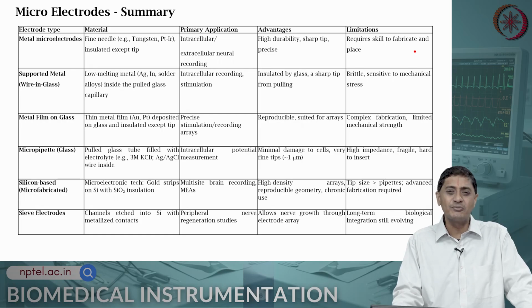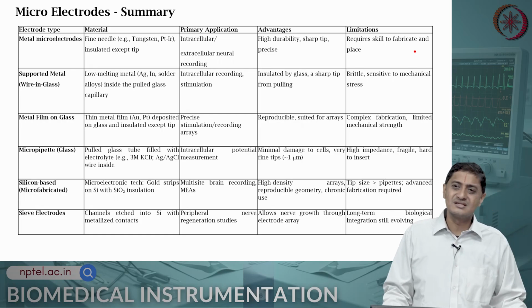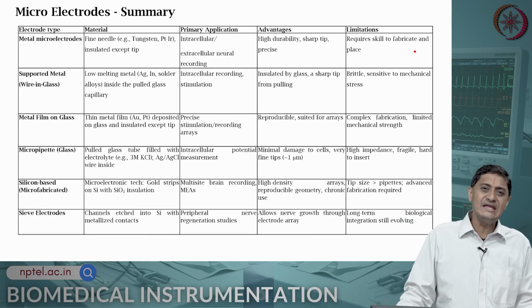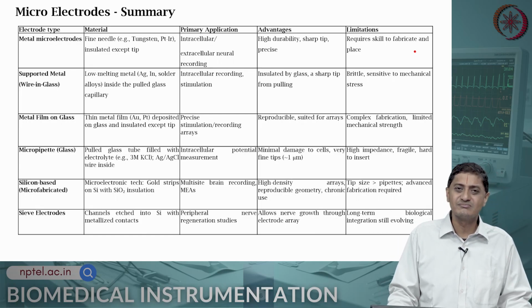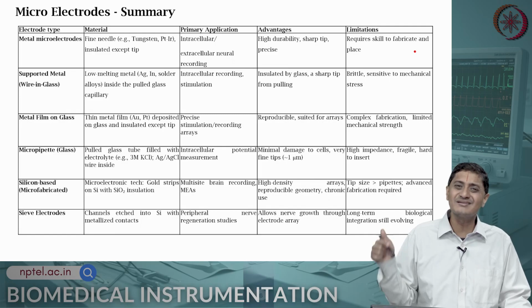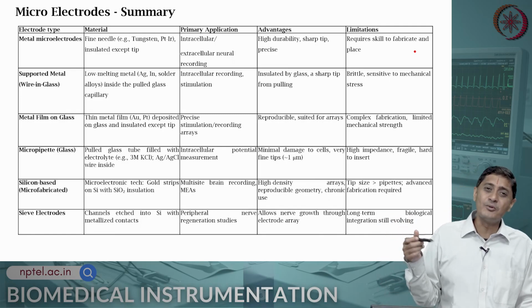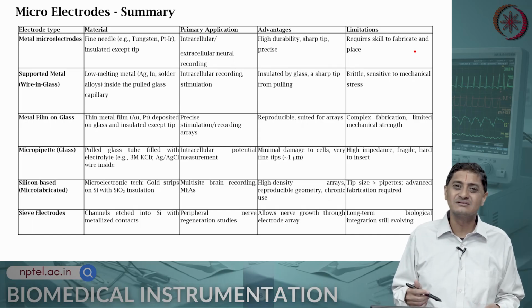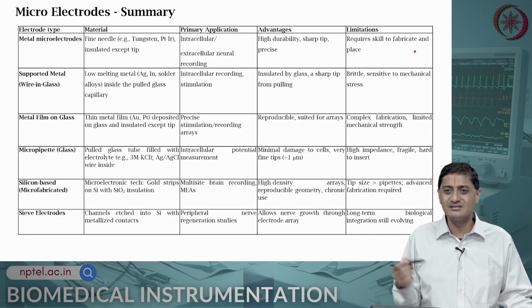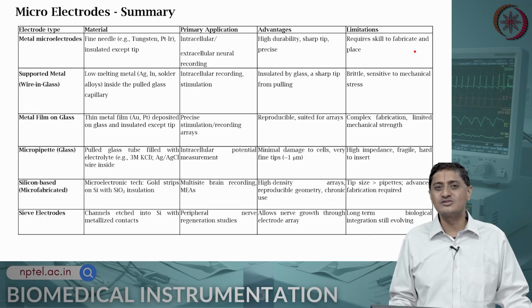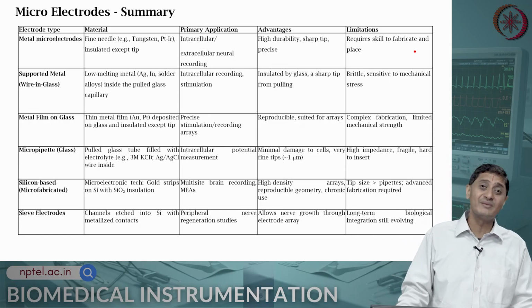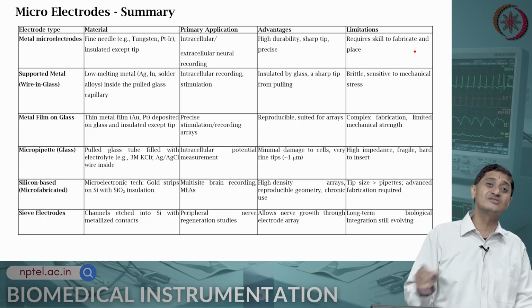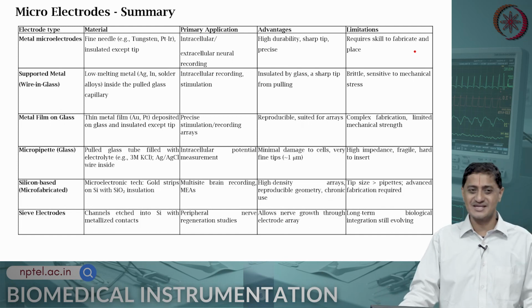The problem with this is that it has high impedance and is relatively fragile and hard to insert because the metal support is no longer there. The support is coming from the electrolyte, and that is problematic. Insertion into the cell is going to be challenging. Otherwise, you have metals that are able to pierce through the cell membrane. That is not going to be possible in this case.